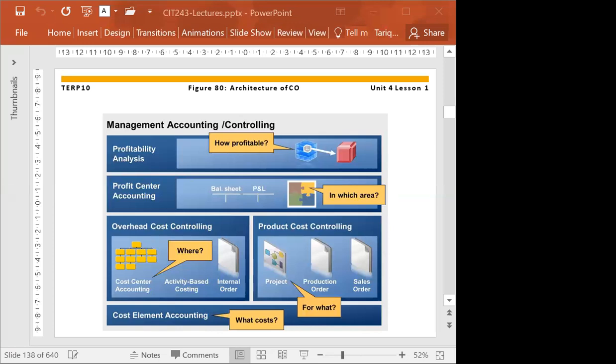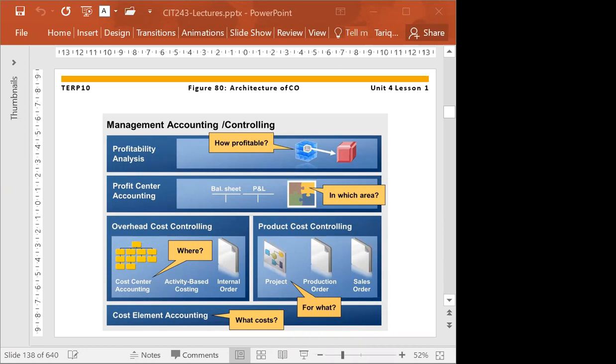Most of the values are moved automatically from financial accounting to controlling. The reason being, in financial accounting you have the codes that you make the transaction into, and those codes are linked to the managerial accounting. How?